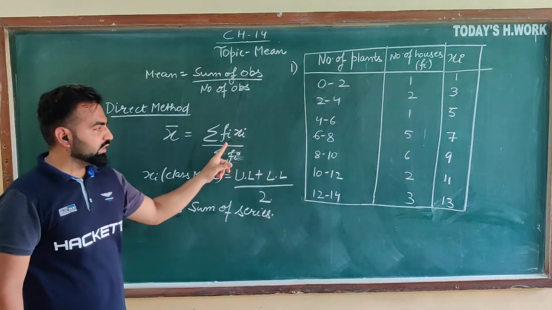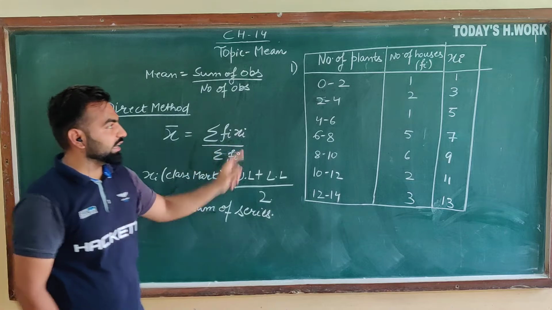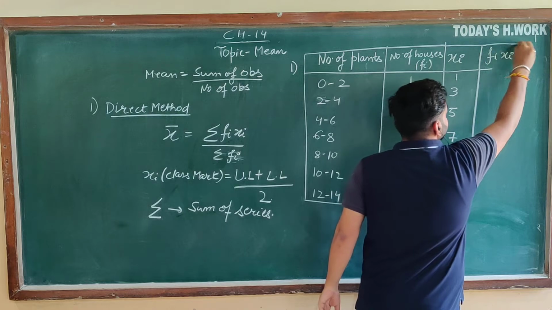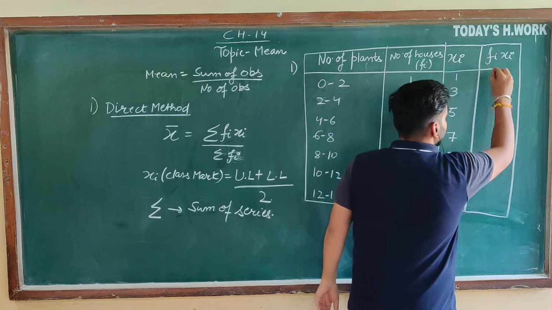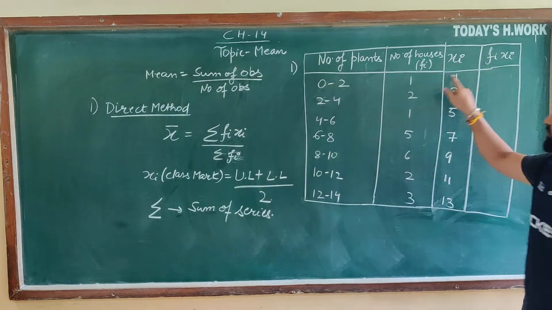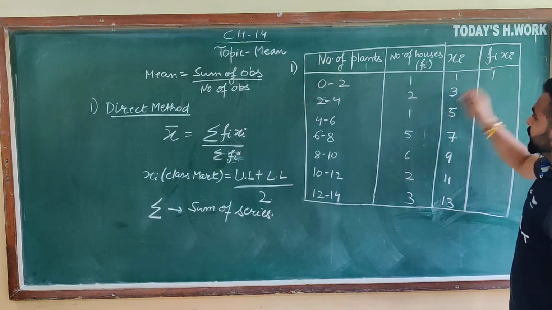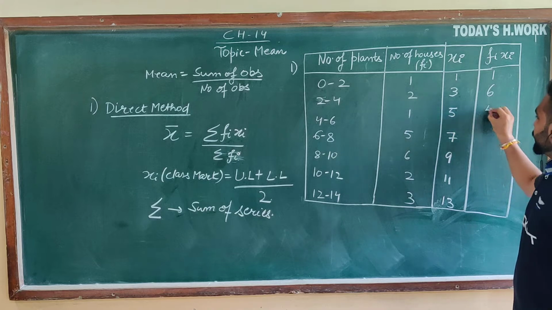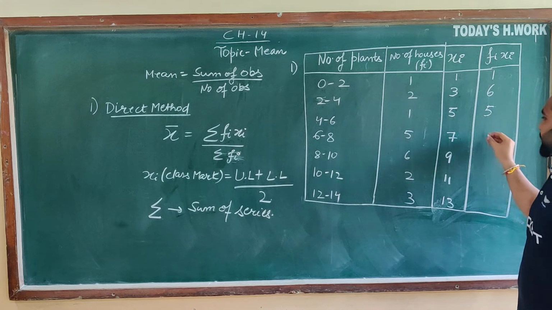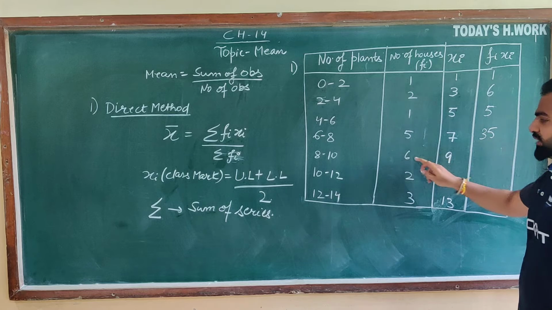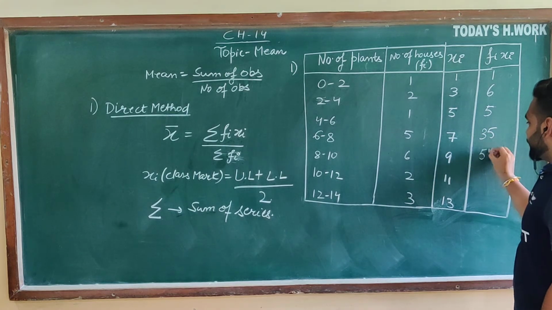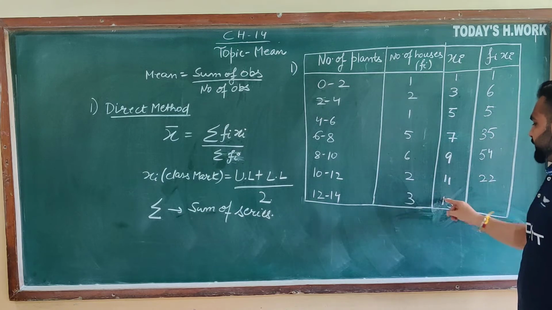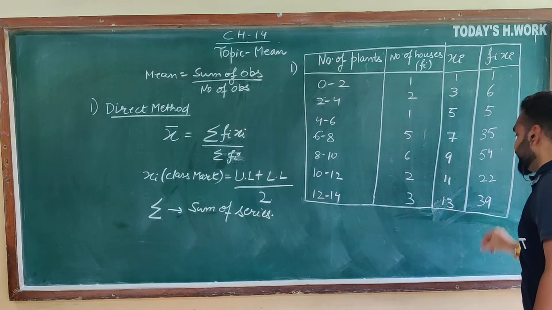Next what we have to do, we will calculate sigma fi xi. So we will multiply fi and xi. So here we can see that 1 into 1 is 1, 2 into 3 which is equal to 6, 1 into 5 is equal to 5, 5 into 7 is 35, 6 into 9 is 54, 2 into 11 is 22 and 13 into 3 is 39.